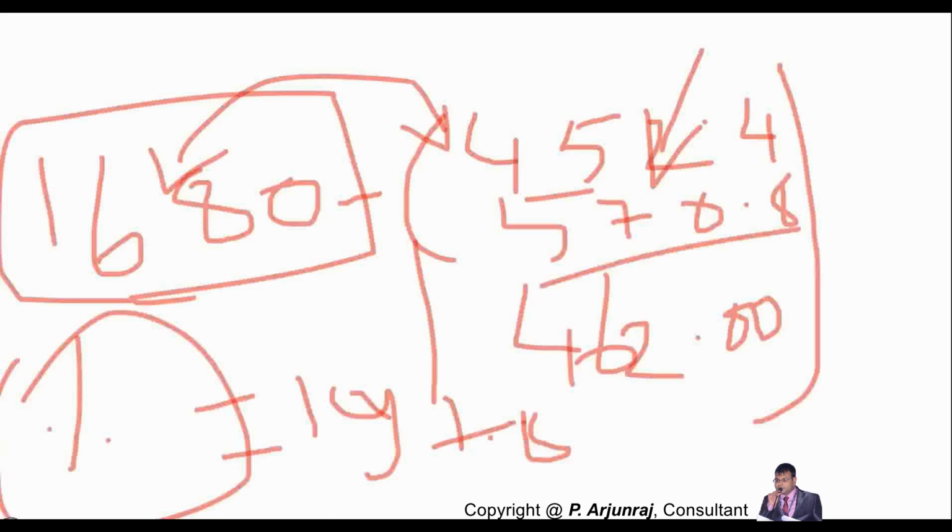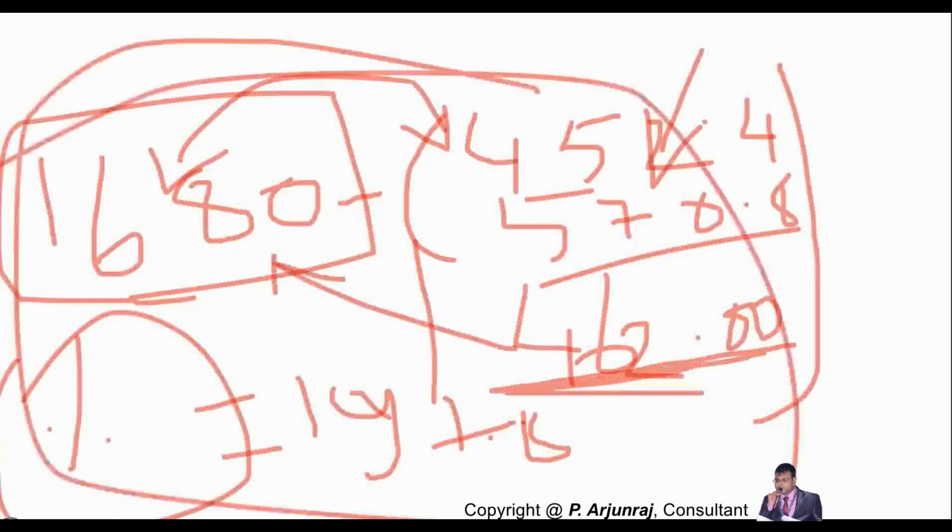The percentage of heat in the exhaust gas is 462 divided by 1680 into 100. And the last one is the heat loss because of unaccounted loss: that value divided by 1680 into 100.